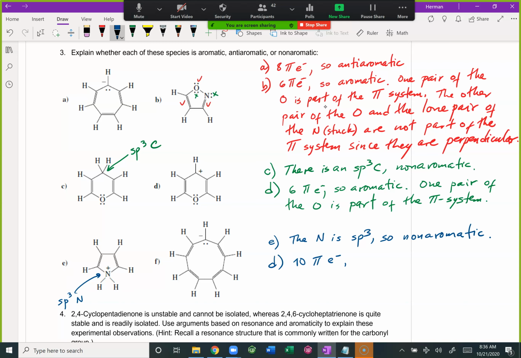Is it aromatic? Let's put a condition here. So it's aromatic, in parentheses. What do you think will be the condition here? Like it's fully conjugated. Most likely it will have a full HOMO.